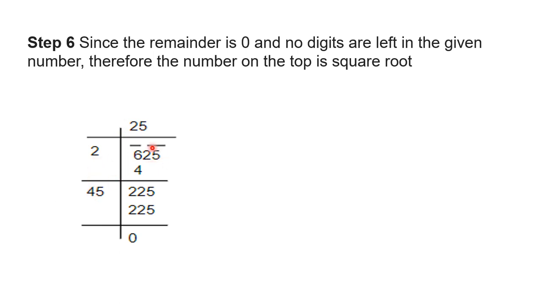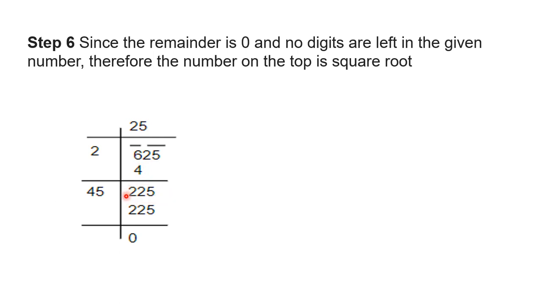Then this 25, the next pair of digits, we bring down beside the remainder from the previous step, 6 minus 4 is 2. So the new number formed is 225.